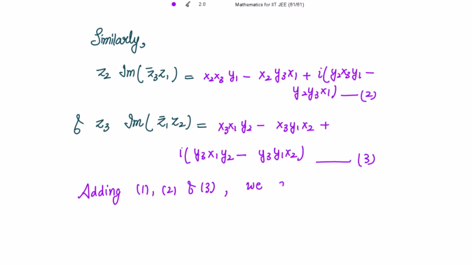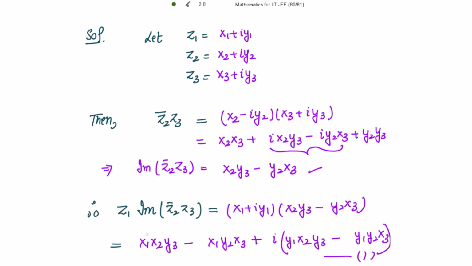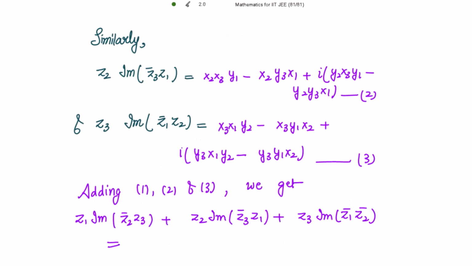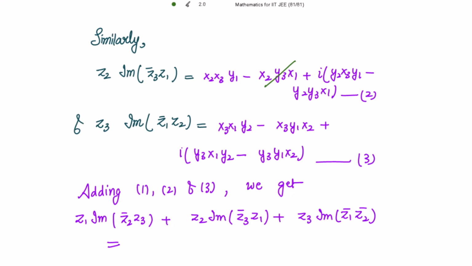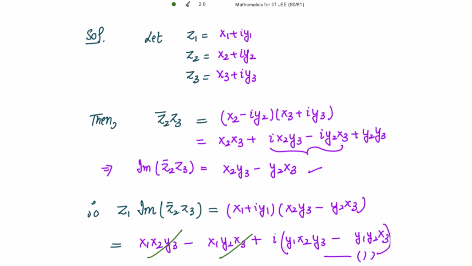We get, here in the first term I'm having x1 x2 y3 and this is cancelled out with this, right? Then is negative x1 y2 x3. Let's find out this, the positive one, x3 x1 y2, right? Then is iota times y1 x2 y3.